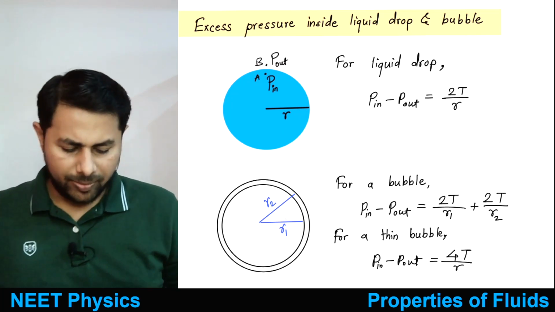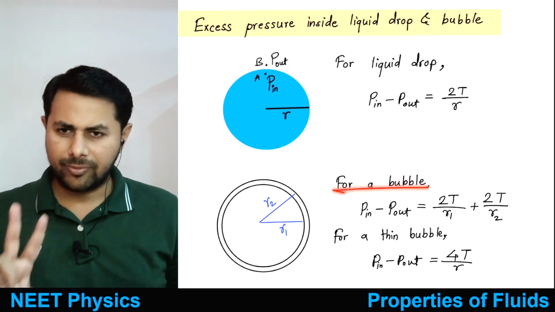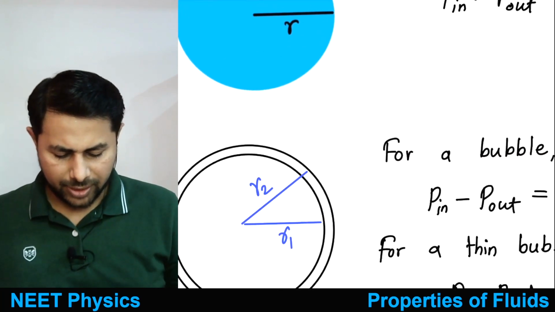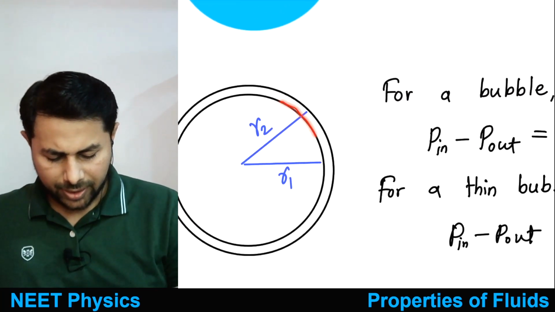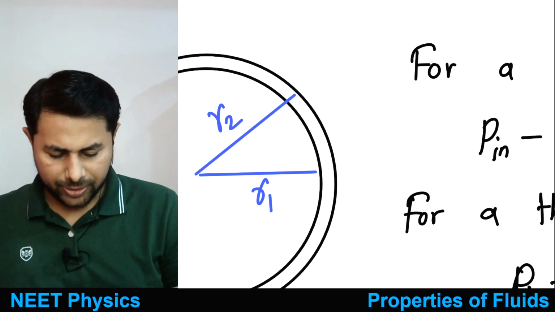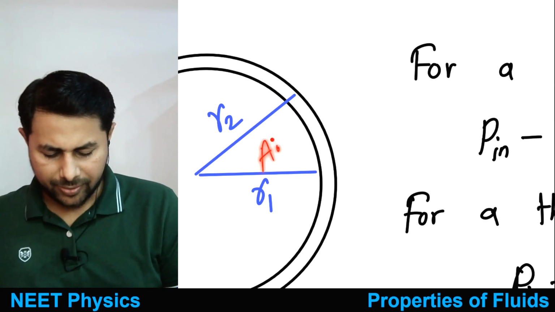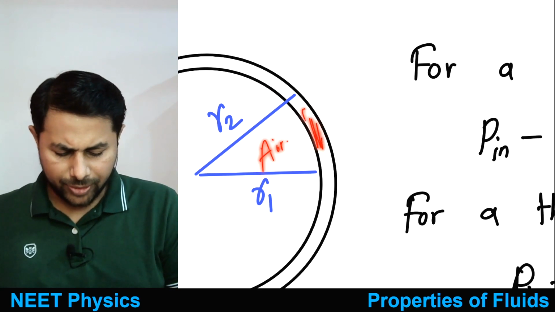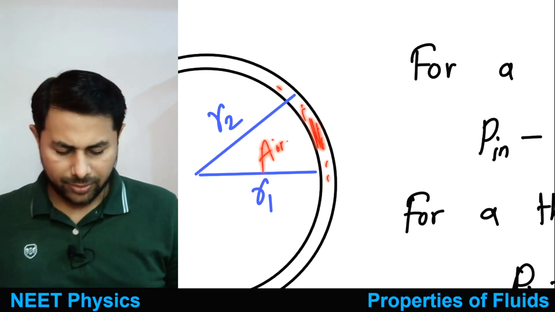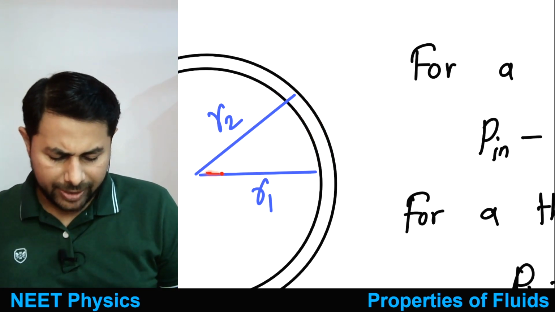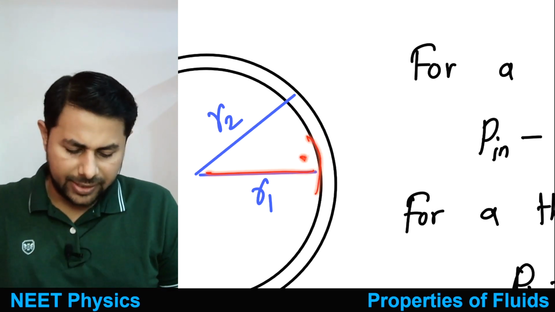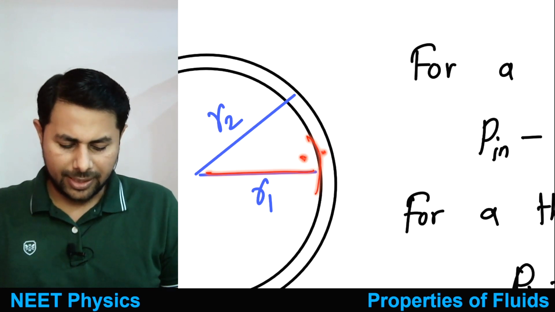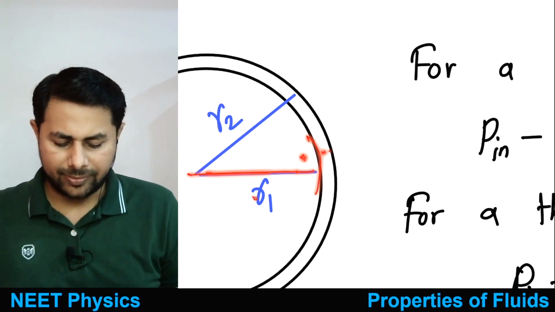Now if you think of a bubble, then for a bubble there will be two free surfaces. Suppose this is a soap bubble, so there would be air over here, and there would be soap solution in this region. Then there would be a pressure difference between the point inside and the point over here, that will be 2T divided by R1.